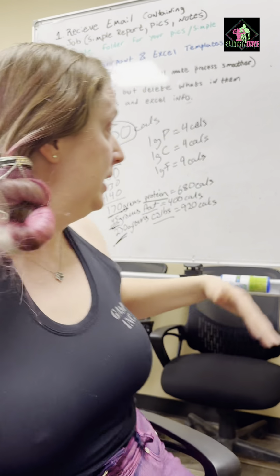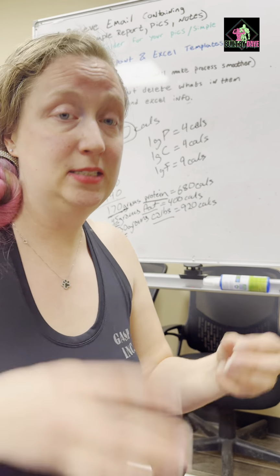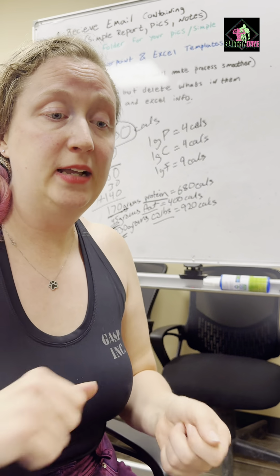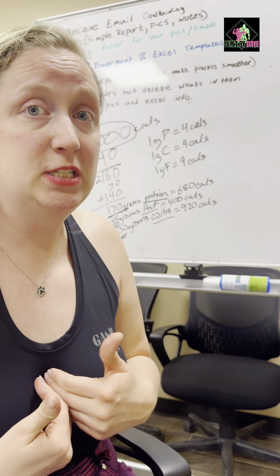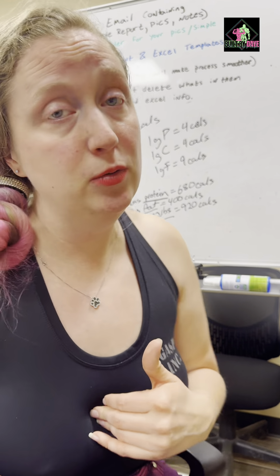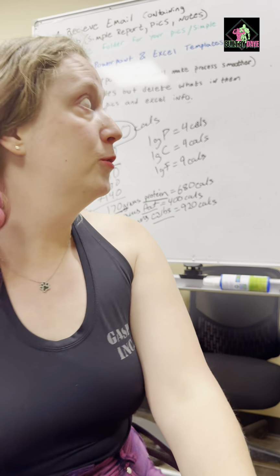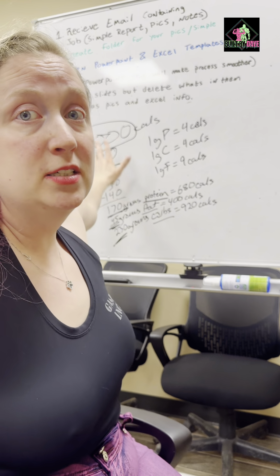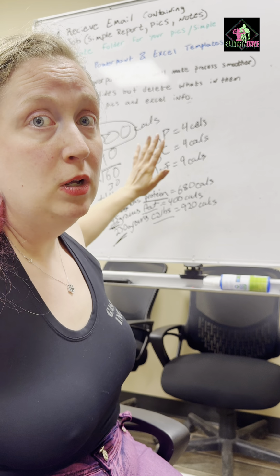Now, if you understand this, but you need it in a written format that you can interact with to find your specific numbers, that's fantastic too. Hit me up, let me know you need that. Tell me, hey, I'm looking for the weight loss, calorie, and macro calculator, and I'll send that over to you, and then you can go to town with it and find your specific numbers, okay?